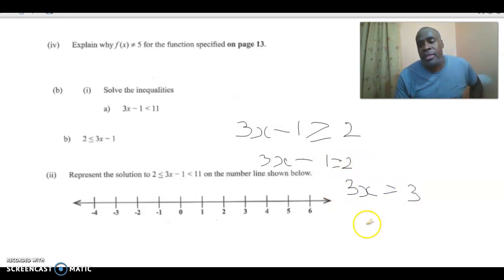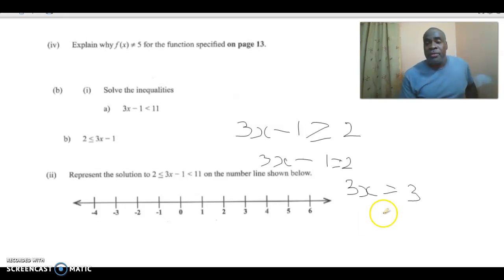And here's a big question then. What number when multiplied by 3 is equal to 3? And that answer is evidently 1. Good. So 3 times 1, you're definitely going to get 3.